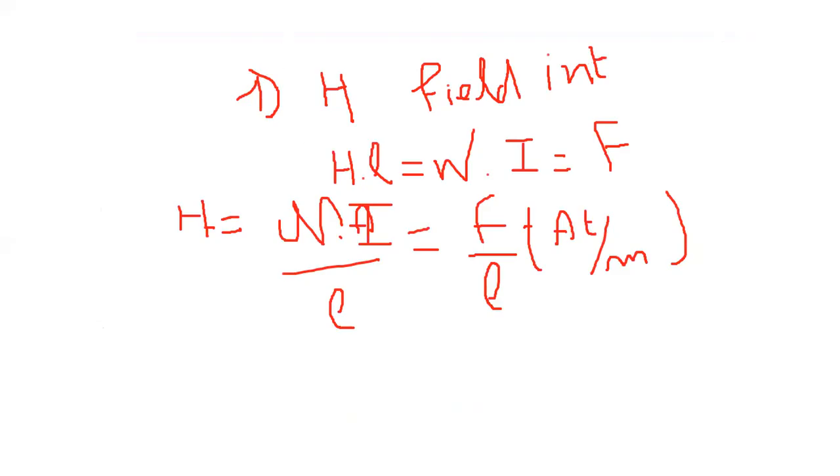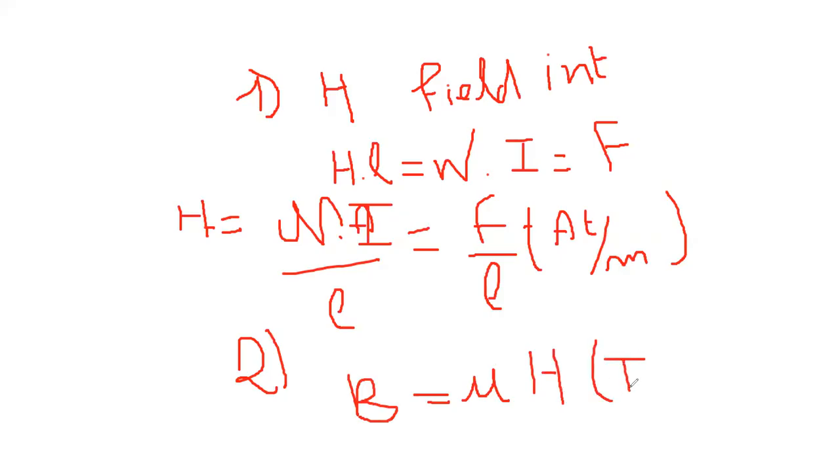So the first term, we talked about the intensity. Now number 2 is the density. Number 2 is B. B equals mu times H, and the unit of B is Tesla.